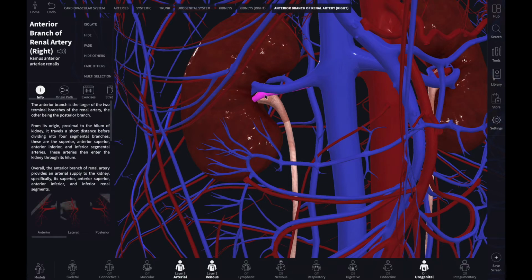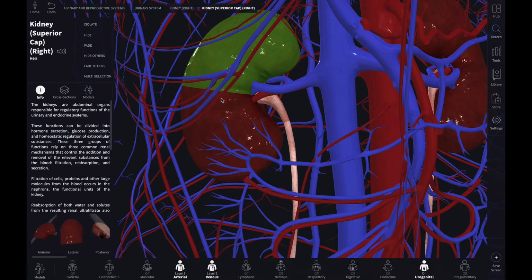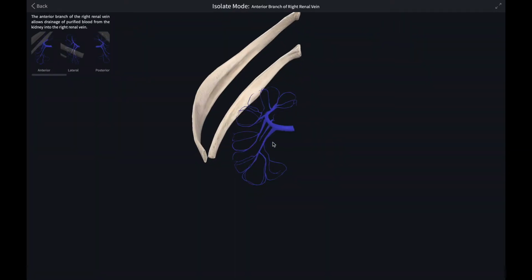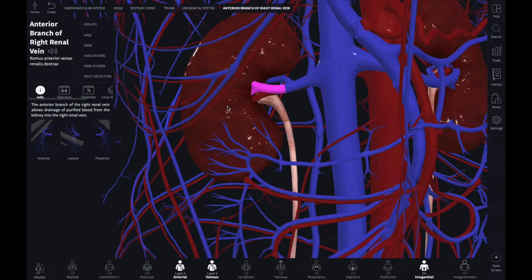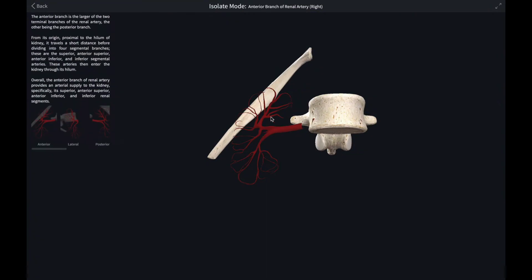After entering inside, they further divide into branches. Let me show you. You see the renal vein divides into multiple branches: arcuate vein, segmental veins, like that. The renal artery is also dividing into the same multiple branches.